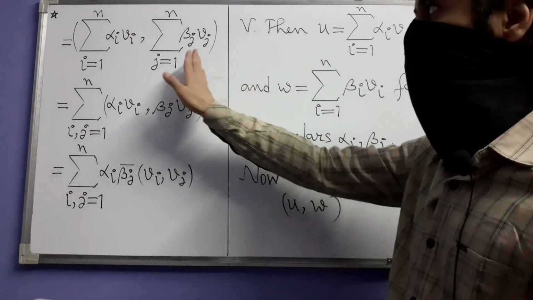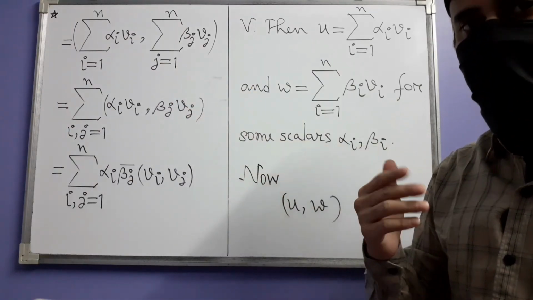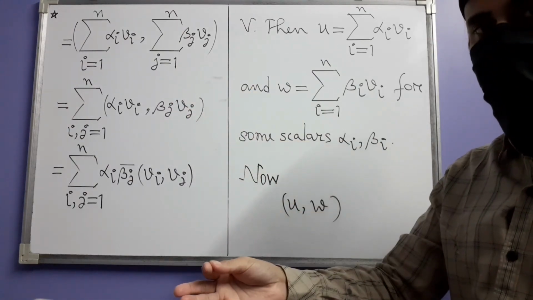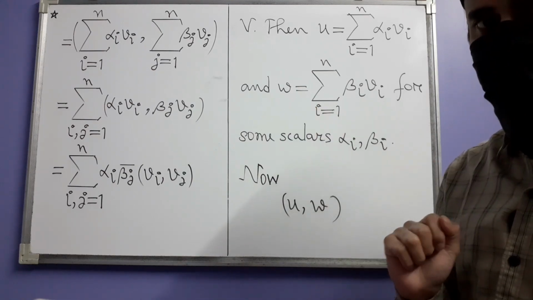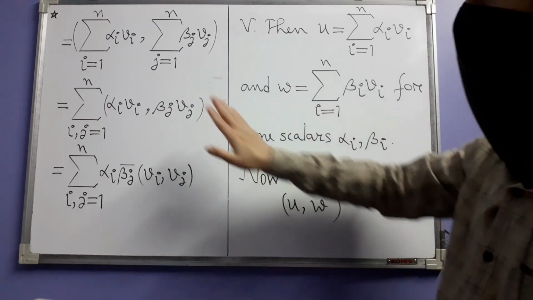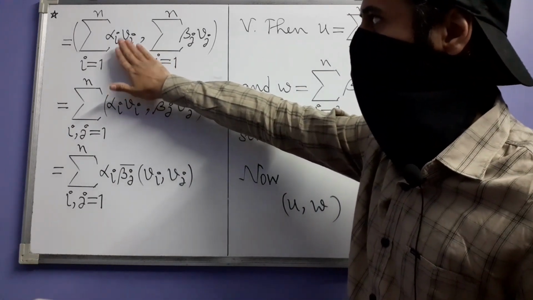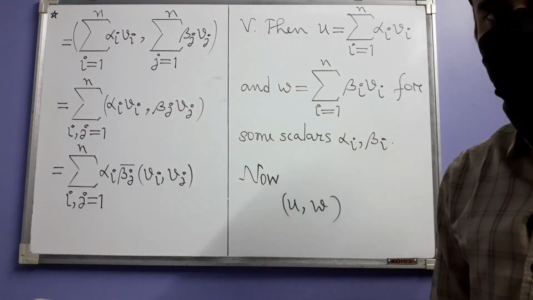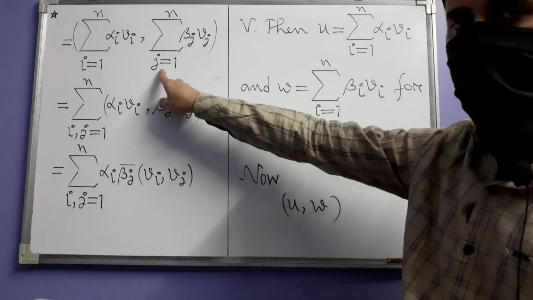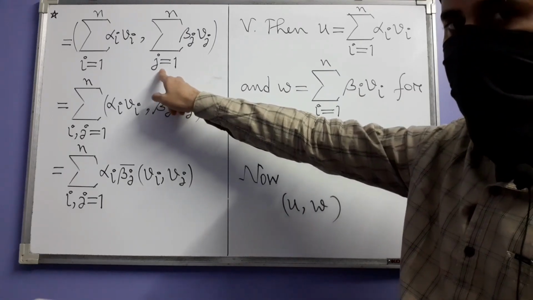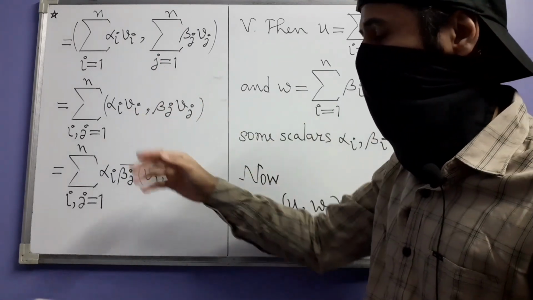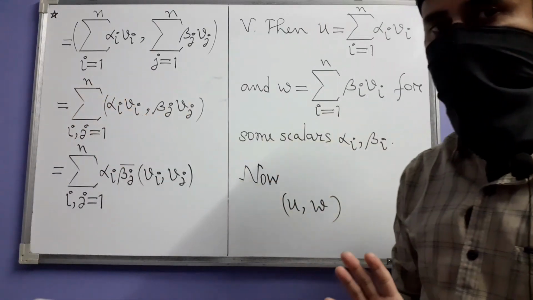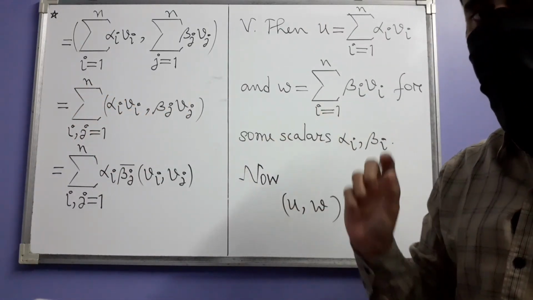So what happens when you apply the properties or axioms defining an inner product? Linearity in the first variable, conjugate linearity in the second variable, those things. All the possible i and j combinations will appear here. So that is why I have used a different index of summation. And to save space, I have written only one summation symbol, although it's a double summation.